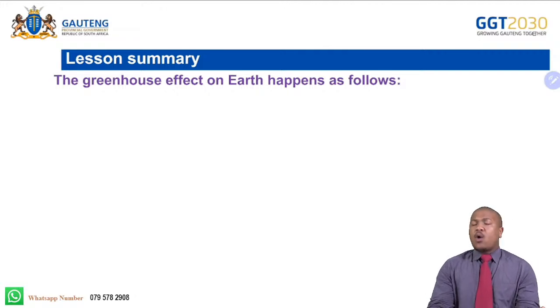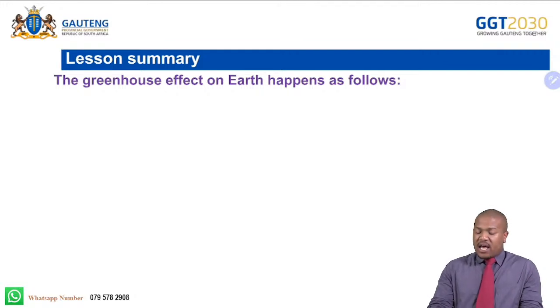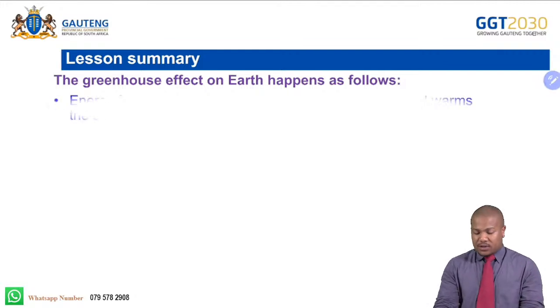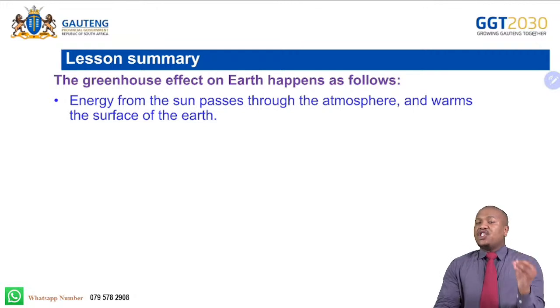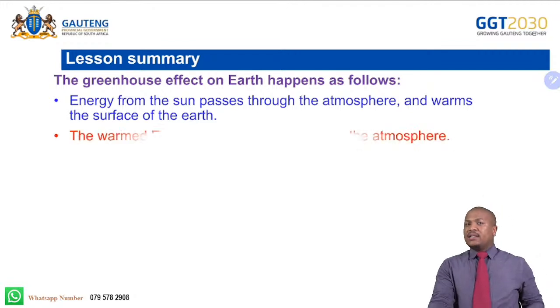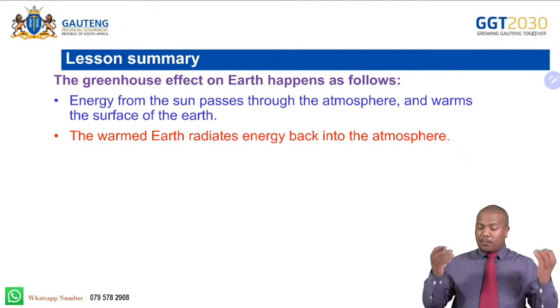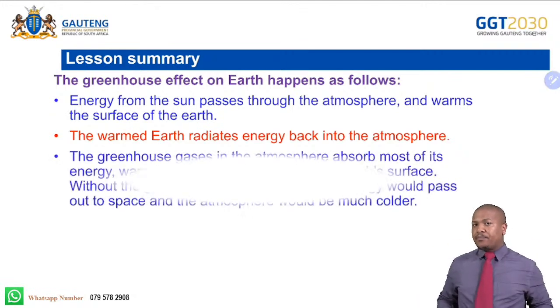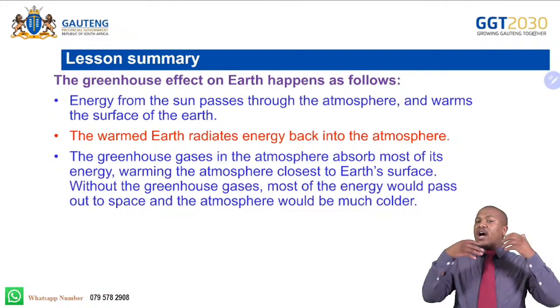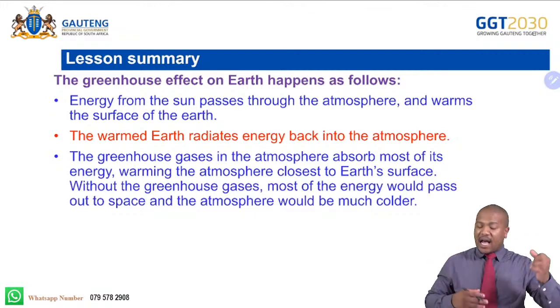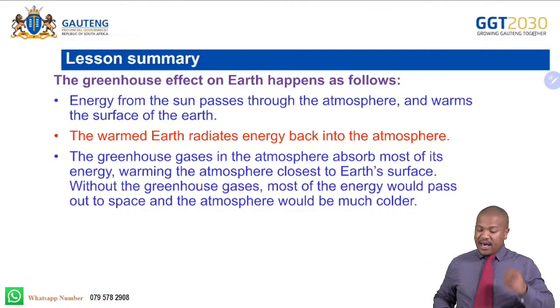And also, we said that the greenhouse effect on Earth happens as follows. The energy from the sun passes through the atmosphere and warms the surface of the Earth. Then after that, the warmed Earth radiates the energy back into the atmosphere. When it radiates the energy back into the atmosphere, the greenhouse gases in the atmosphere absorb most of this energy, warming what?